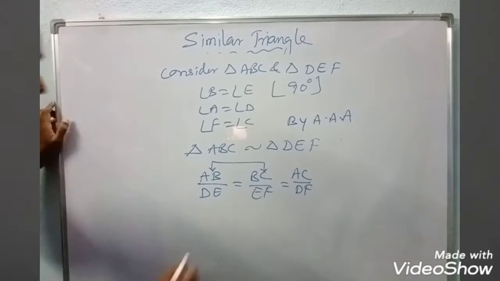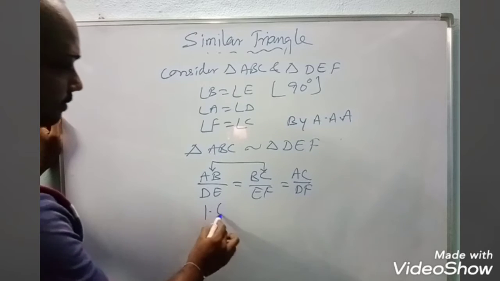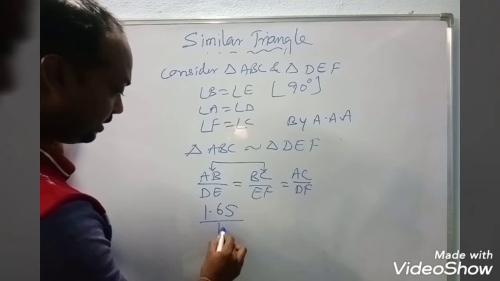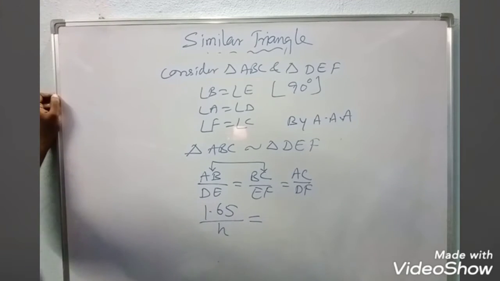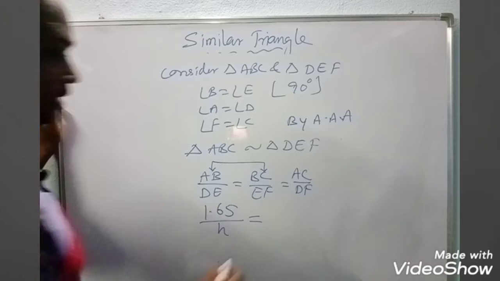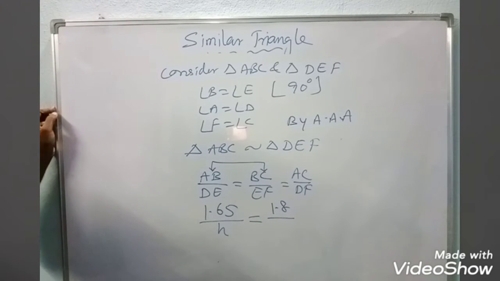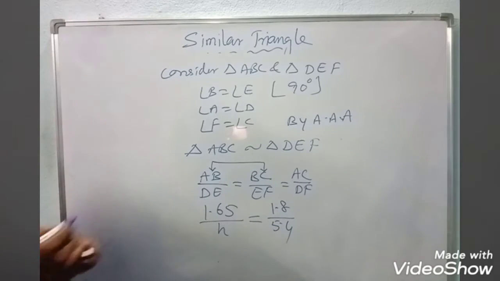Now here AB is given as 1.65 divided by DE, which is H, because we have to find the height of the lamppost, and BC is given as 1.8 meter divided by EF. EF is given as 5.4 meter, that is the shadow of the pole.